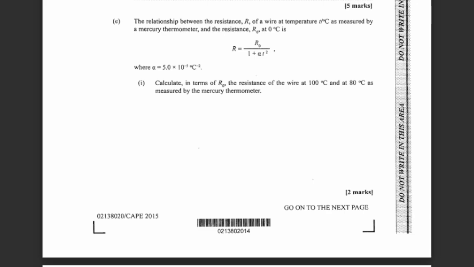Now, we're going to find that resistance at 100 degrees Celsius and at 80 degrees Celsius as measured by the mercury thermometer. So how do we do that? Well, we just use the equation they gave us, or the relationship, where we're going to plug in a value for T and then just solve the equation. So let us get into doing that right now.